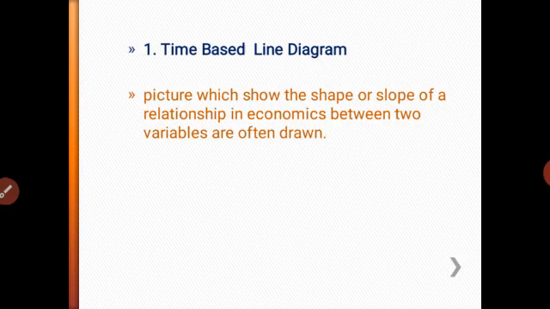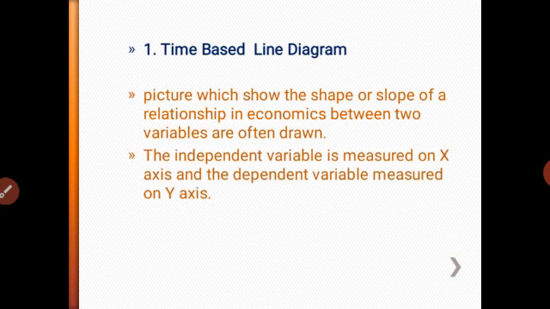The independent variable is measured on the x-axis. There are two types of variable, dependent and independent. The independent variable is shown on the x-axis, whereas the dependent variable is shown on the y-axis.